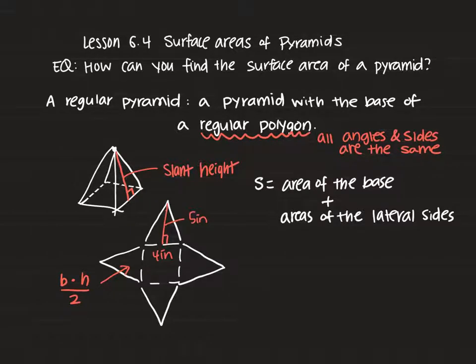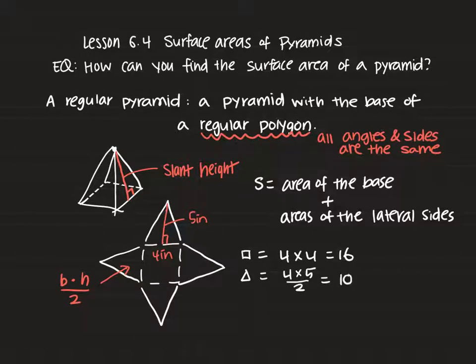First of all, I'm going to find the area of the base, which is the square. The square can be found by multiplying the base and height, which are both the same number. So it's 4 times 4, which is 16. And then I'm going to add the area of the lateral sides. My equation is base times height divided by 2. So I have base 4 times height 5, which is 20, divided by 2, which is 10.